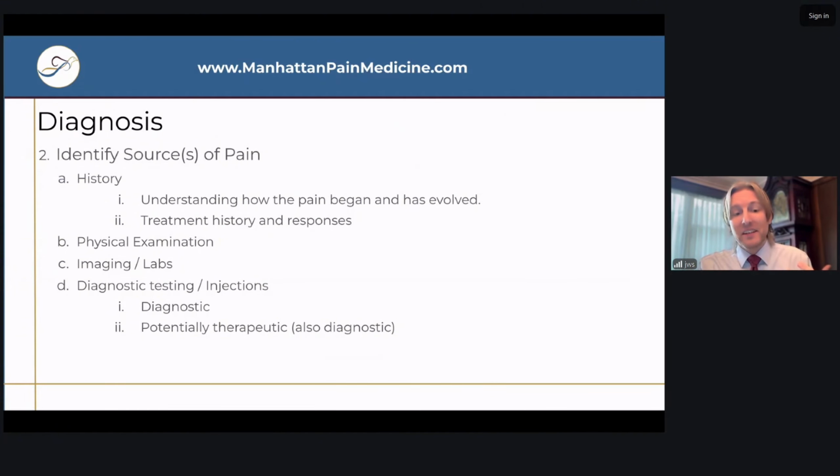The second thing about the physical exam is understanding the biomechanical chain of events. So what I was saying before about primary pains and secondary pains, they may not realize that their hip has some pain because they've been protecting their hip. So because they protect their hip, it doesn't hurt, they don't feel their hip, but it doesn't mean the hip is okay. It doesn't mean the hip is normal.